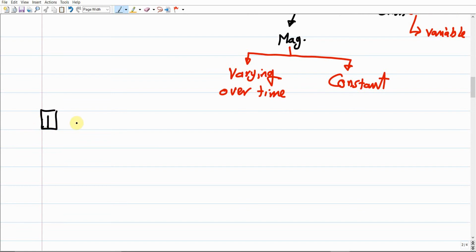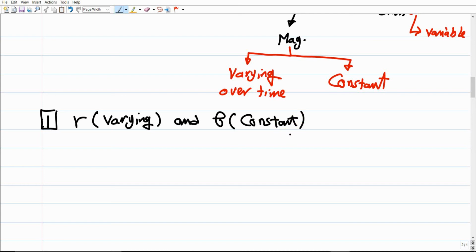where r is variable, varying with time, and theta is constant.